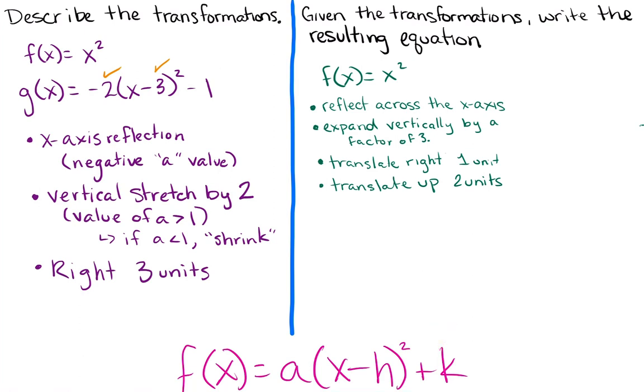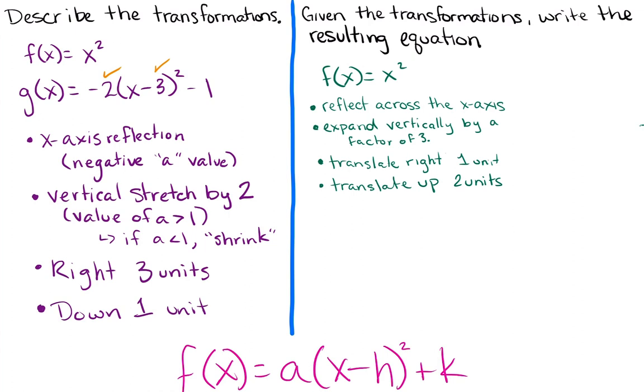And k, by definition, is going to cause us to move up and down. And because k is a cool kid and he always does what's expected, since it's negative, the negative numbers live low, so we're going to move down 1 unit this time because the number is 1.